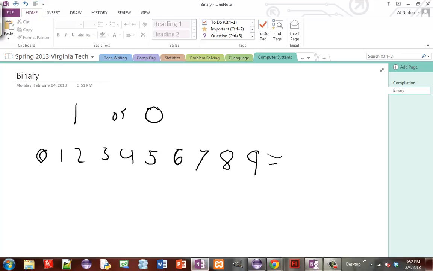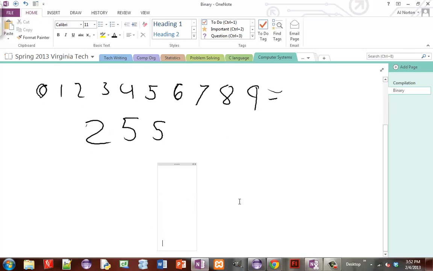It just is to a different power. So for instance, let's say you're trying to figure out what the number 255 is. Essentially, what you're doing here is you're classifying each digit into a power of 10.